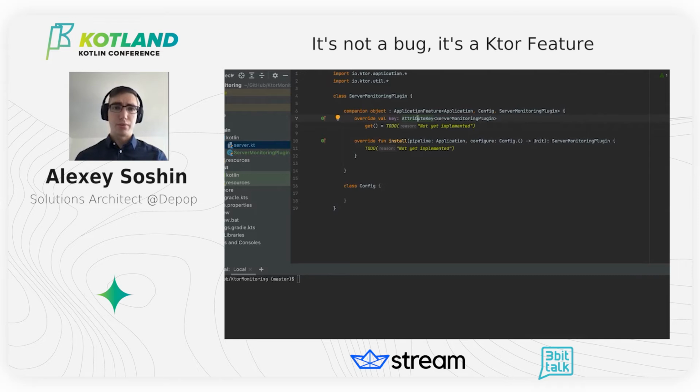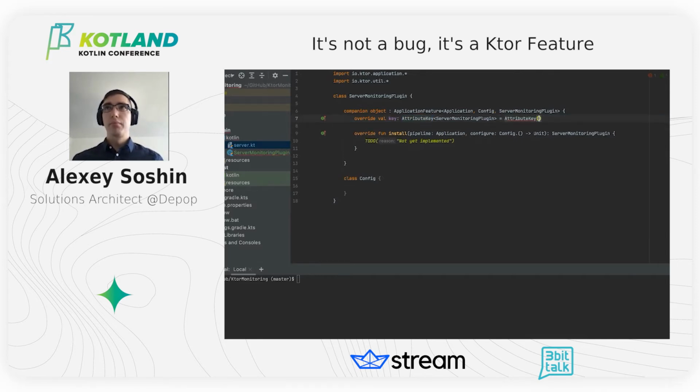So we have two methods to implement. Let's start with the easier one. Key is a simple identifier for our plugin. You can think of it like that. Ktor has a map of all those attributes, and each plugin adds itself to that map with its key. So we know we need to be an attribute key, and you'll see that it takes a string.